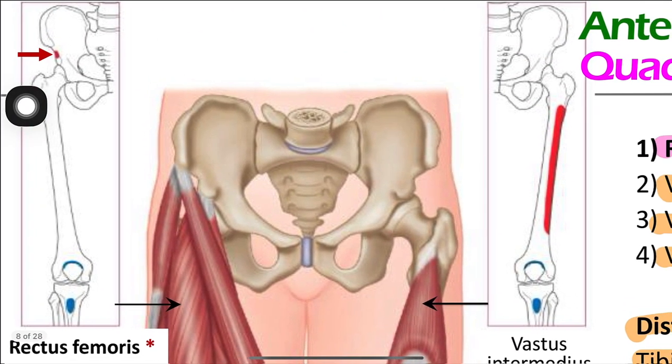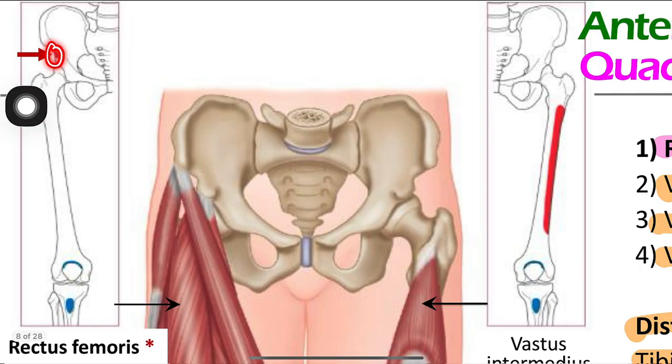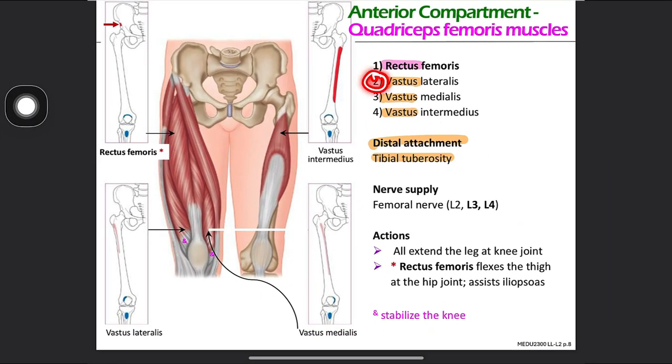It actually goes up to the hip bone, which means that these three muscles only work on the knee because they cross the knee joint. But the rectus femoris crosses two joints, which means it can produce two actions.